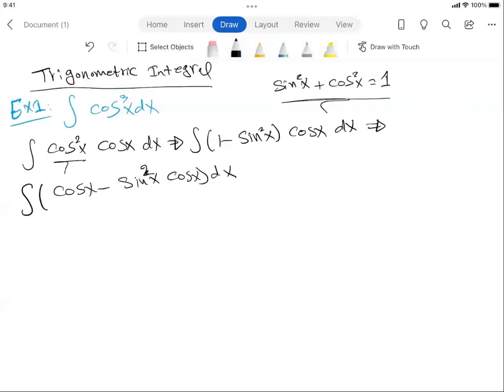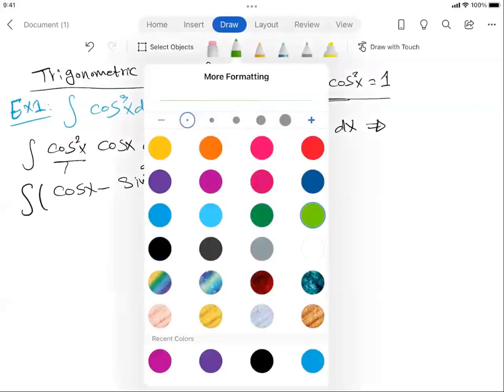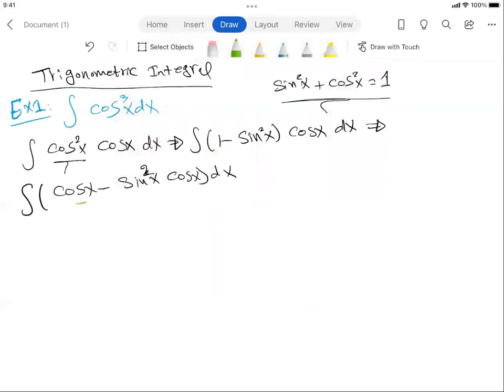Well, we know that the integral of cosine is sine, but we also know that the derivative of sine is cosine, which is available in there.